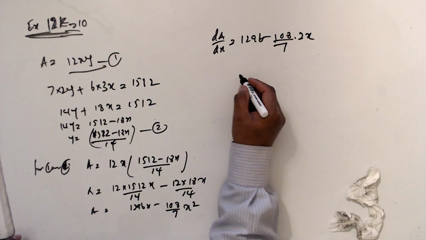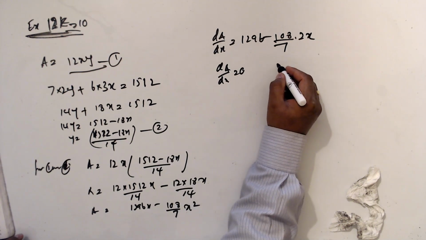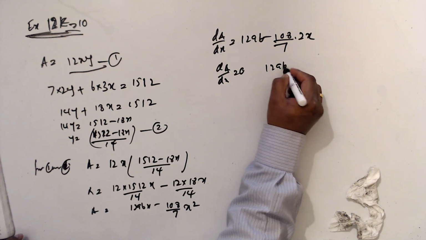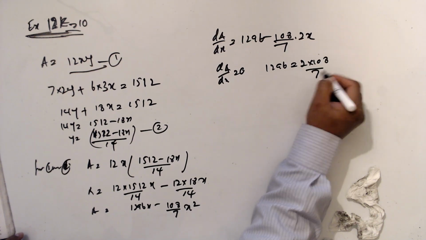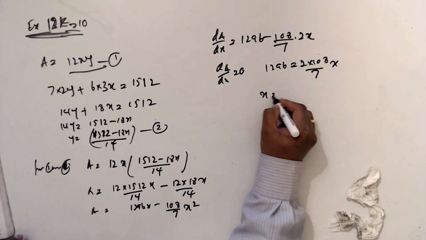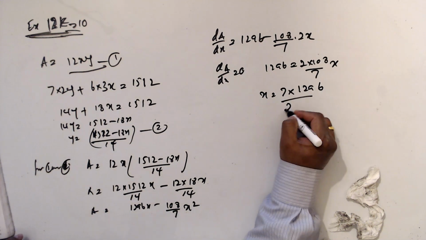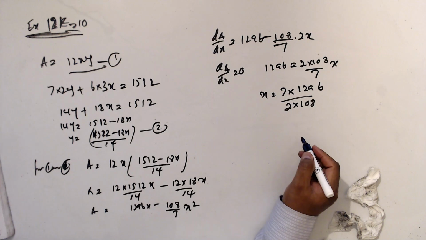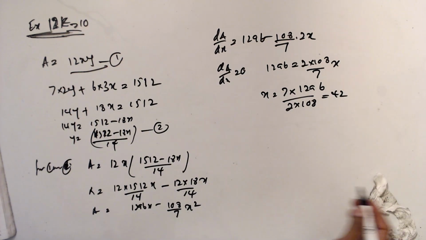Now dA over dx equals 0, then 1296 equals 2 times 108 over 7 x. So x equals 7 times 1296 divided by 2 times 108. So this is 42.